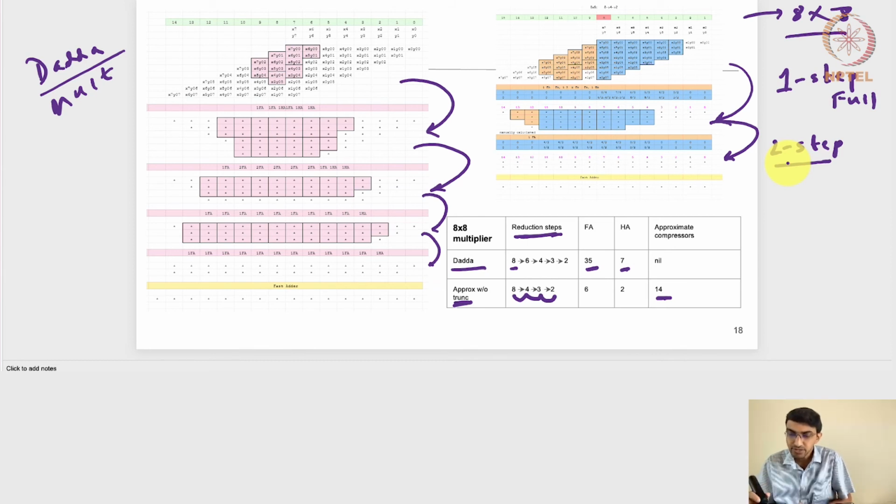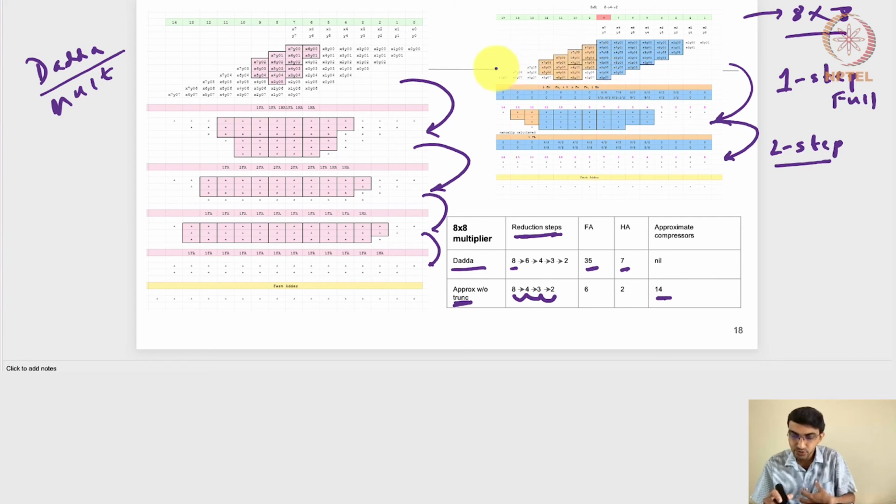Right. There is one more term called truncation. Truncation represents that the lower LSB side is truncated to 0, and we are considering only the MSB side, the higher order significant bits. So for a 16 cross 16 bit, the first 8 columns of the partial products will all be truncated to 0, because even if we make the LSB side 0, the MSB side will still have more weightage.